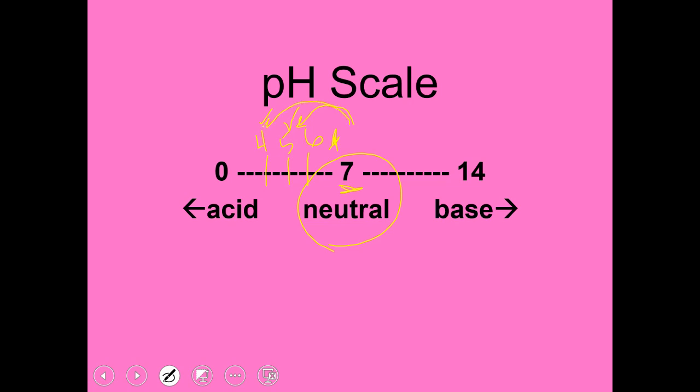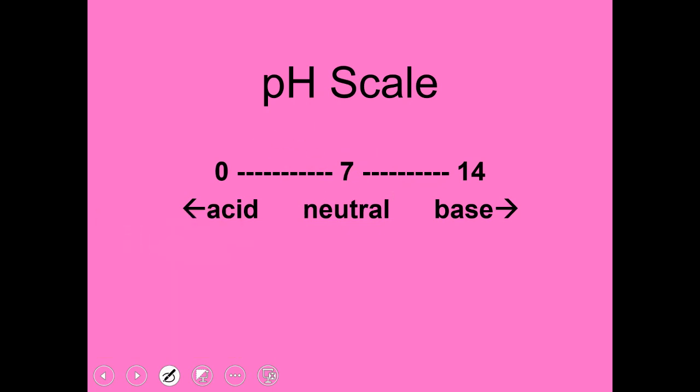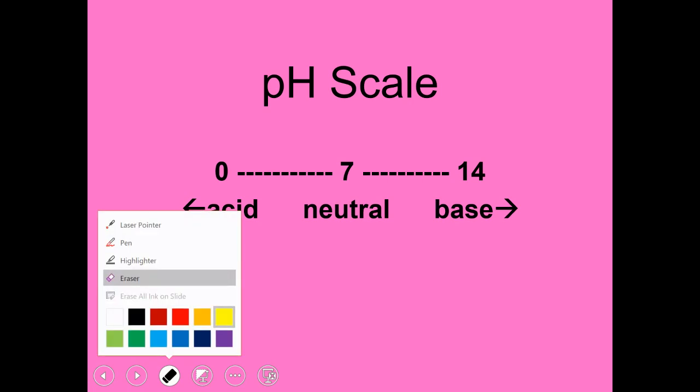That's 1,000 times more hydrogen ions than in neutral water. So please recognize that every factor on this scale represents a power of 10. And as you go this way, of course, that means that they are 10 times more basic.